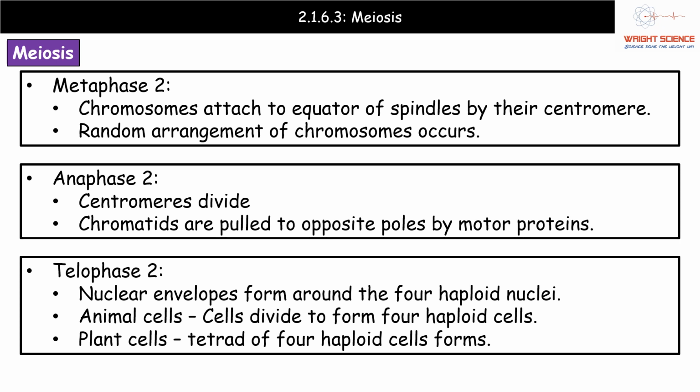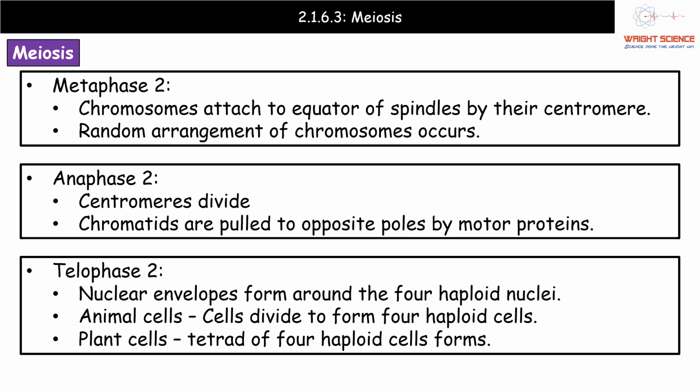And then into telophase 2, where nuclear envelopes form around those 4 haploid nuclei. Different things happen in animal and plant cells again. Animal cells are going to divide to form 4 haploid cells, but plant cells are going to form something we refer to as a tetrad of 4 haploid cells.